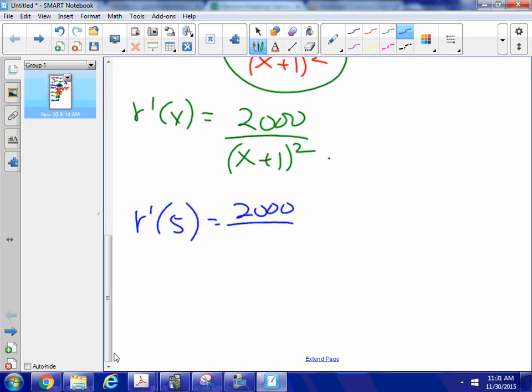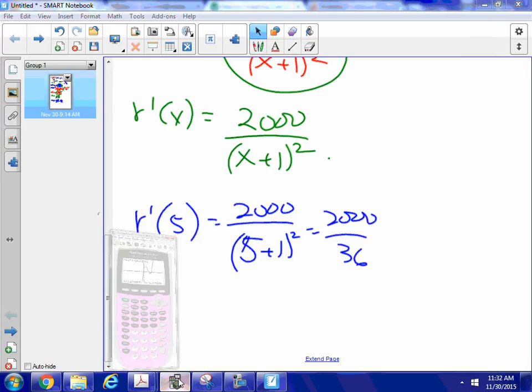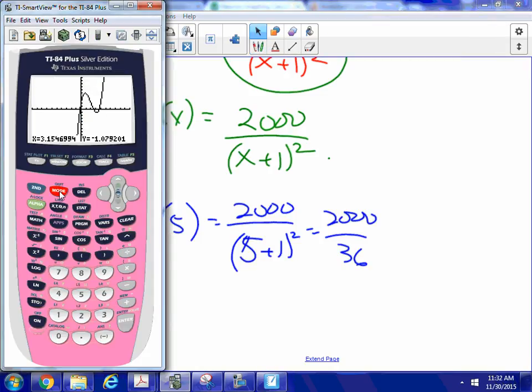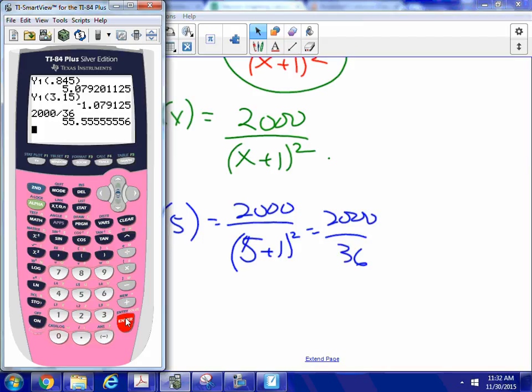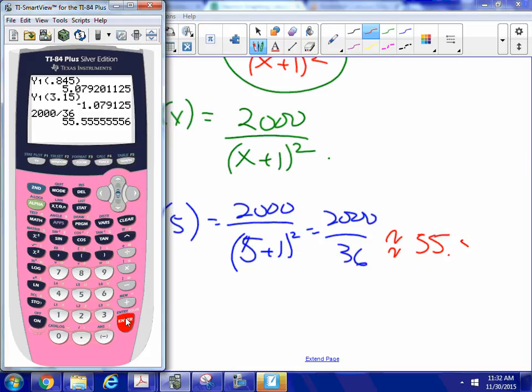So 2,000 divided by 36. Well, my revenue should go up approximately 55.56. That should be my increase in revenue from my 5th to my 6th desk.